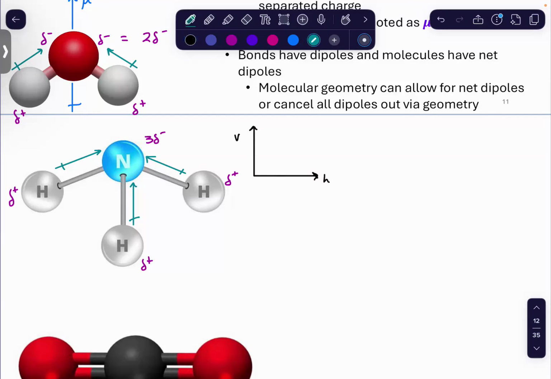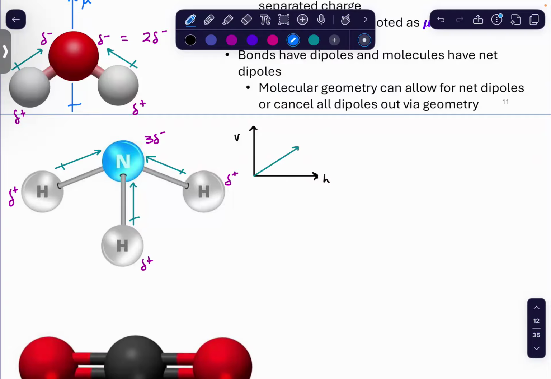And then each one of these is going to be pointing slightly up, because you can see the overall geometry of ammonia kind of looks like a three-sided pyramid. It's kind of like a pyramid. It's kind of a new thing, trying to envision molecules in 3 dimensions. So that means that each one of these bond dipoles is going to slightly point up.